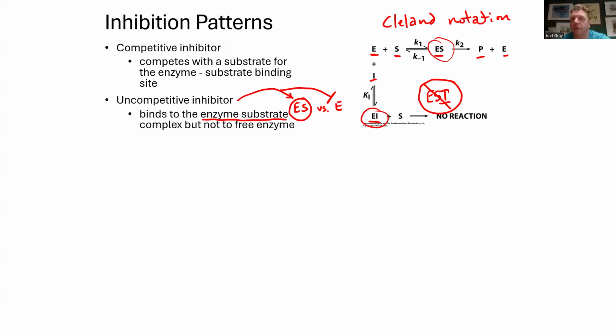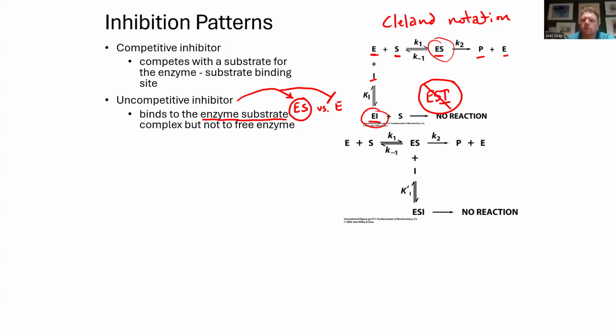So it has no affinity for the enzyme, and seemingly it has no affinity for just the substrate. So instead, it is looking for that ES complex, and it's looking to bind to that ES complex. And the way that is displayed with this Cleland notation is E plus S yields ES. That enzyme substrate complex will absolutely form with an uncompetitive inhibitor present.